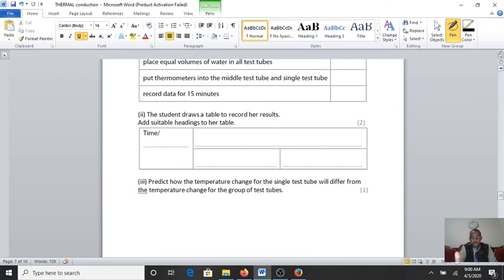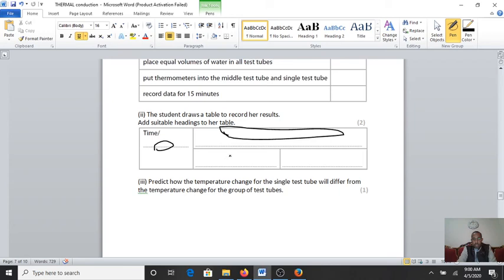Then this part is easy. You need to find the temperature at different times. So you can see that here the units are missing. Okay, and this is time. And then here you must write the other physical quantity, which is temperature.